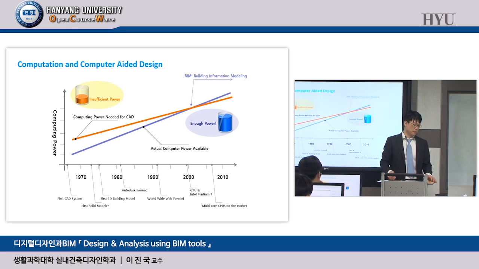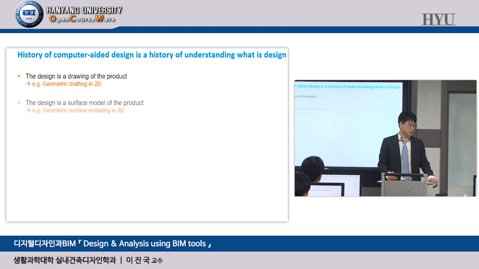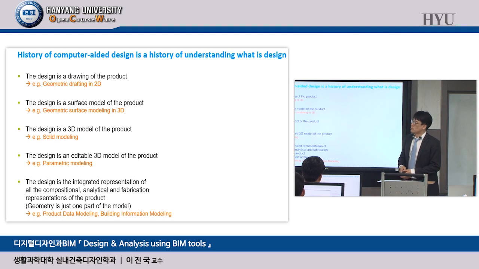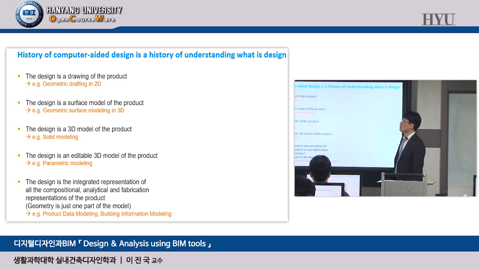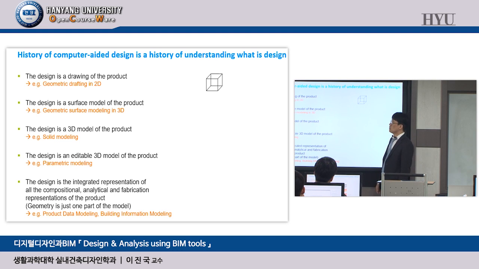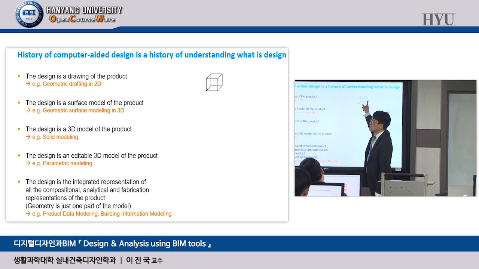Your computers are affordable to use such technologies. As you remember, according to how we understand what is design, in all the time, okay? Actually, not all the time. 40, 50 years ago, even nowadays, somebody believes that this is design, okay?